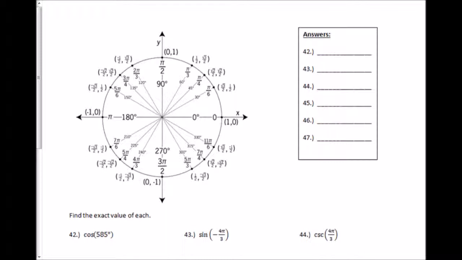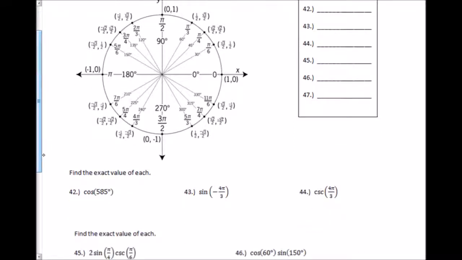For these next couple, we're going to use our unit circle. So for this one, it says to find the cosine of 585 degrees. And I just count counterclockwise around my circle. See, 360 degrees would bring me to here. If I'm at 360 degrees and I need to get to 585 degrees, well, it's just a little bit of subtraction, really.